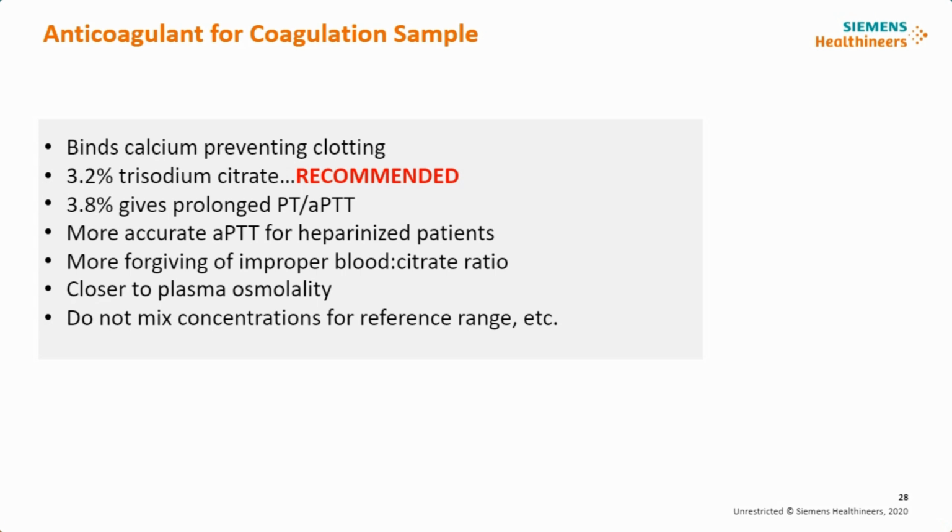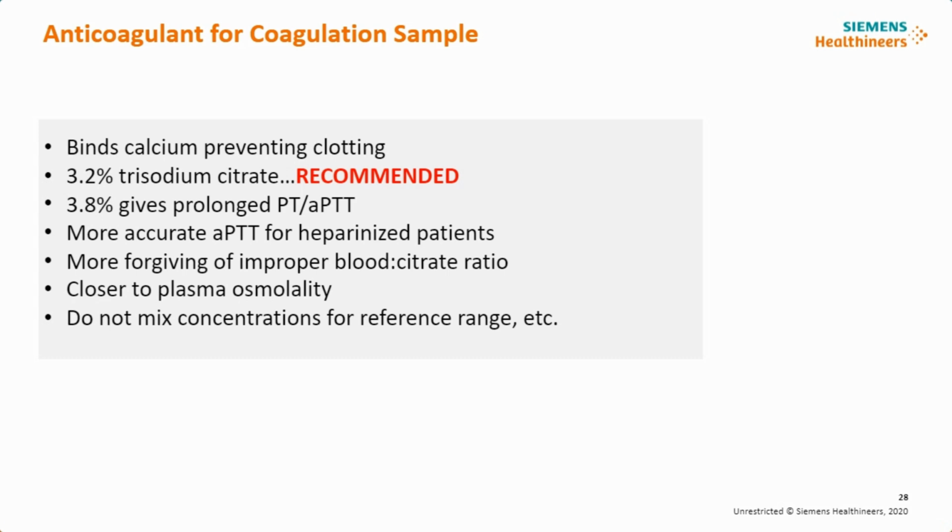But there's also another anticoagulant that, I believe, is still on the market: 3.8% sodium citrate. The reason that 3.2% is the recommended one is that it's more forgiving to improper blood to anticoagulant ratio, but also mimics that of plasma osmolality.